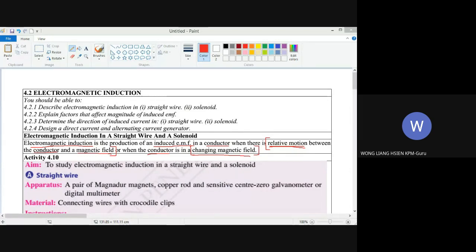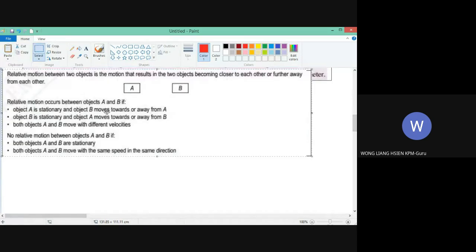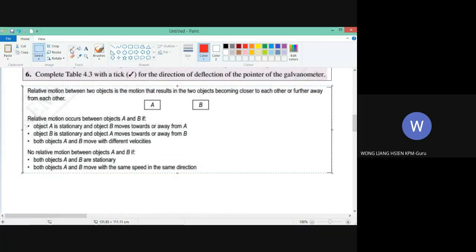This explanation about relative motion is also inside your paper. It says here, relative motion between two objects is the motion that results in two objects becoming closer to each other or further away from each other.